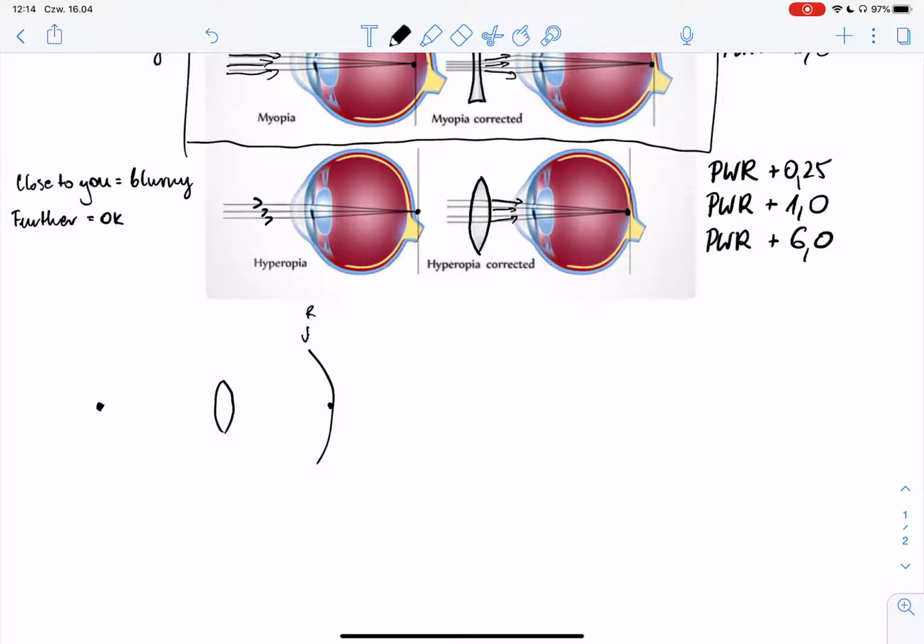Everything is alright. But in some cases, the same point will be projected as a line. So it will be stretched a little bit in one of the axes. And this condition is called astigmatism.